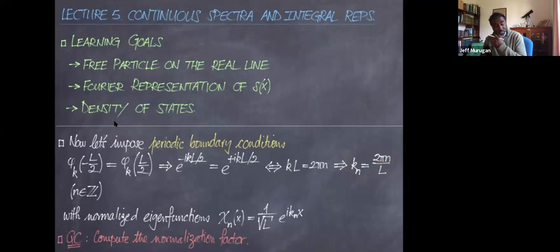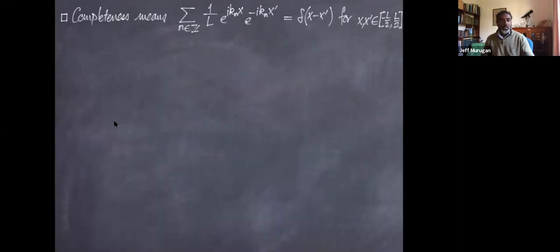So as I make L larger and larger, in fact, the spacing between eigenvalues goes to 0. So this is why, for example, I said that we're talking about a continuous spectrum. The continuous spectrum says that the spacing between separate eigenvalues is 0. It's a continuum.